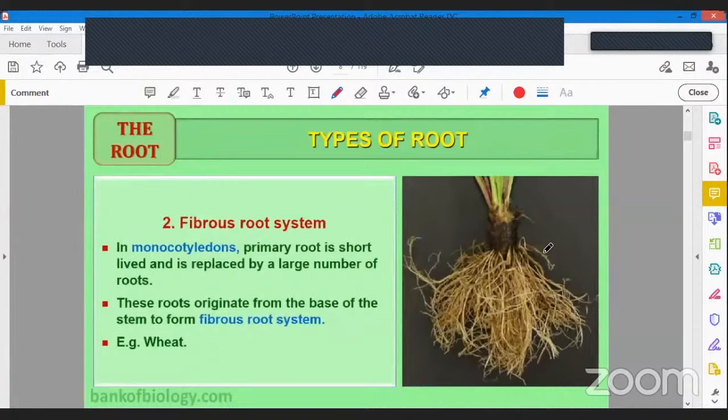That means it survives only for some time, and after that it is replaced by a large number of roots like this, which arise from the base of the stem. This is known as fibrous root. Keep that in mind. Okay, take down.